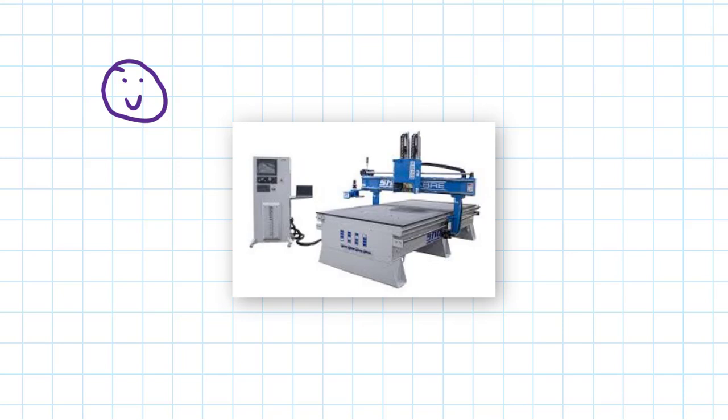Right now, my demand is greater than my capacity because I have a 6-month waiting list to purchase my musical instruments. So I'm thinking of investing in a CNC machine, computer numeric control. This is going to automate the carving process of the inlay patterns.